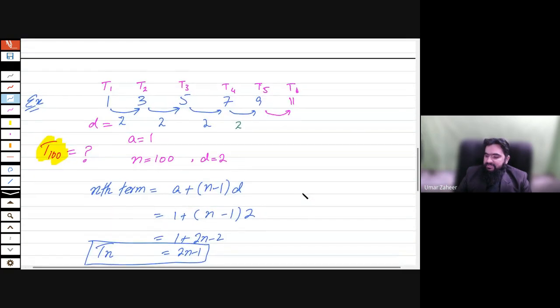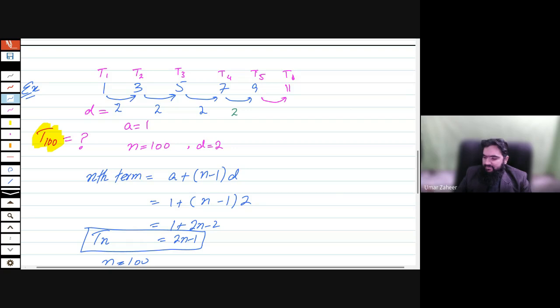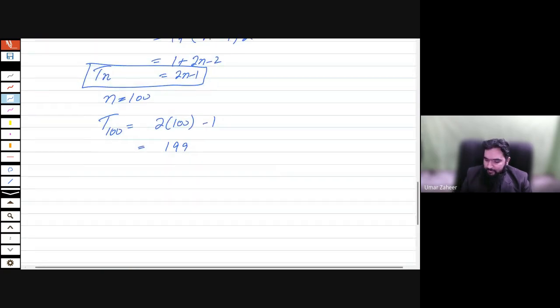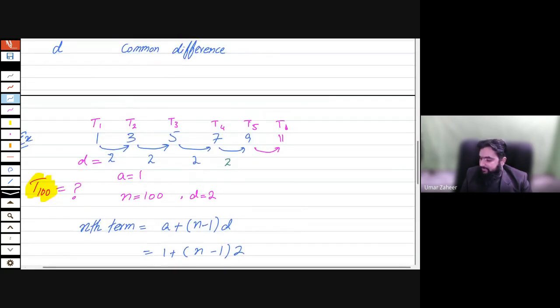In the same way, for example, if you want to find the 10th term, substitute the value n is equal to 10. So 2 multiplied by 10 minus 1, that will be 20 minus 1, that will be 19. You can verify the answer here.